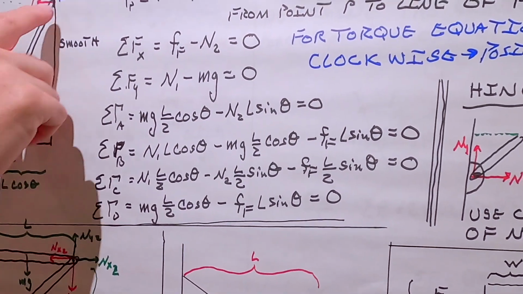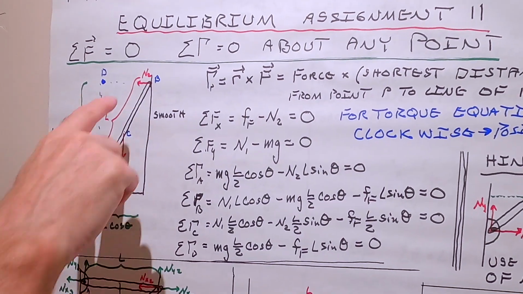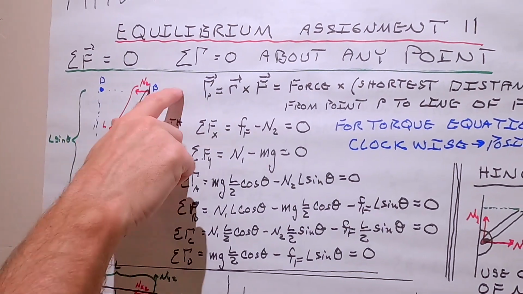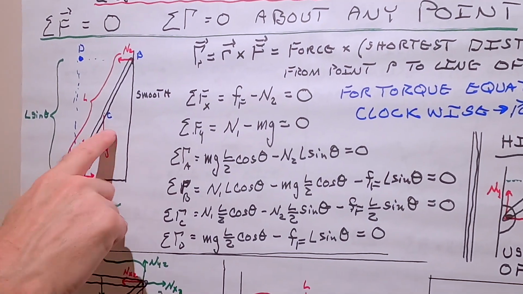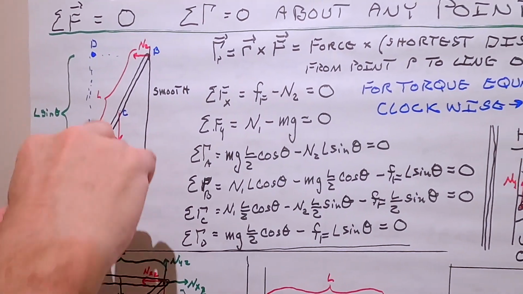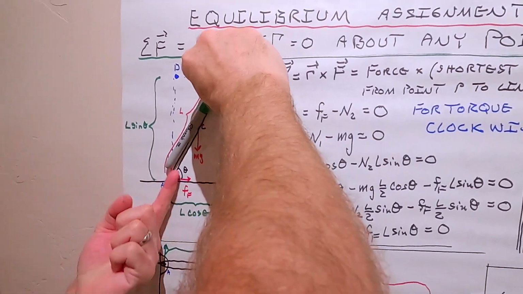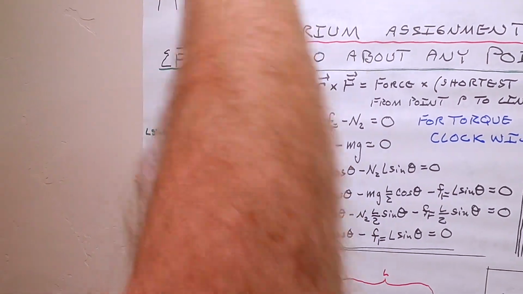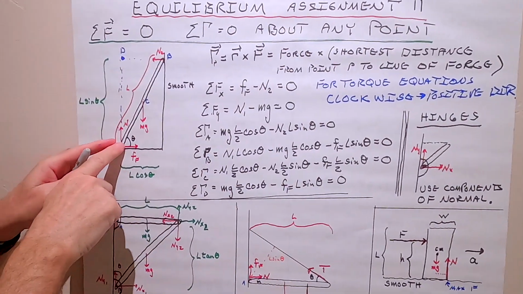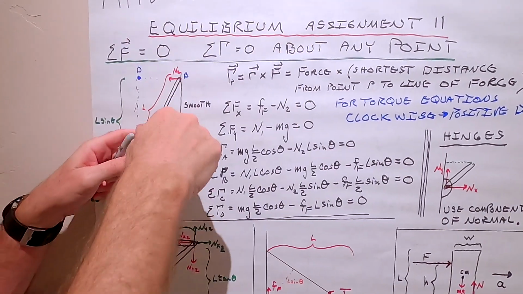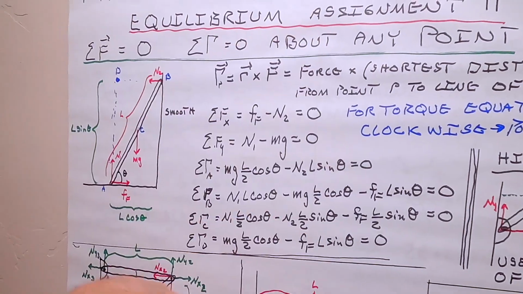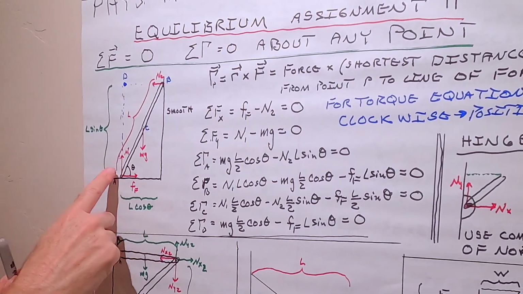If we were to take the torques about that point, say B right here, then I don't have to worry about N2 because it's going right through that spot. All I have are these three. You notice N1 right here, if I push with N1, it's going around this way. Friction is going around this way, and mg is going around this way. We said we were going to do the clockwise as positive, which is N1.